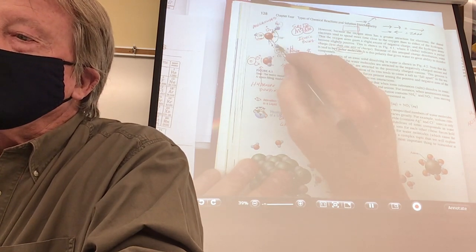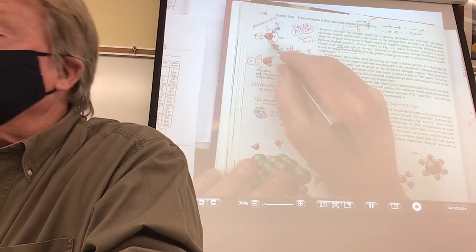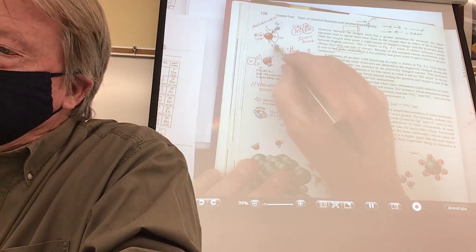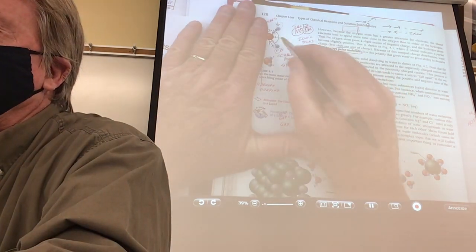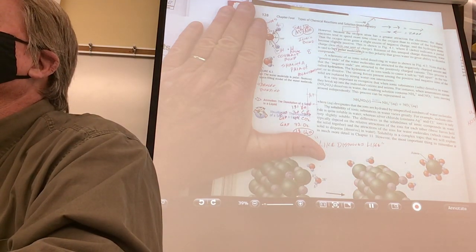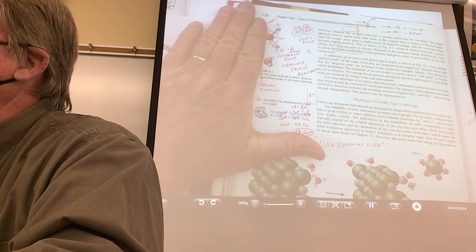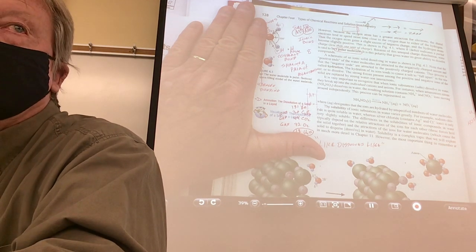Now we go over here. What kind of bond's going to exist here? Polar covalent. I'm going to draw the arrow toward him again. Ready? Now, that tells me what each bond was, but it doesn't tell me the molecule. The bonds are polar, but will the molecule be polar?